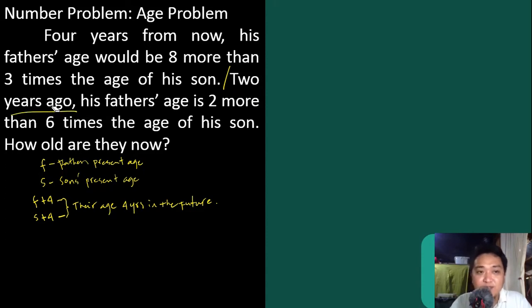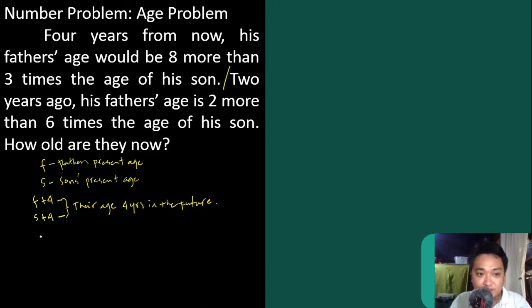Ayan. Bago muna natin pag-usapan yung mga specifications ng problem that relating to their age, their future age, and their age 2 years ago, pag-usapan muna natin kung paano dinidescribe yung mga 4 years from now or 2 years ago. Sige, subukan naman natin 2 years ago. Kung yung 4 years from now or yung 4 years in the future is plus 4, syempre, pag 2 years ago, that is minus 2 lang.